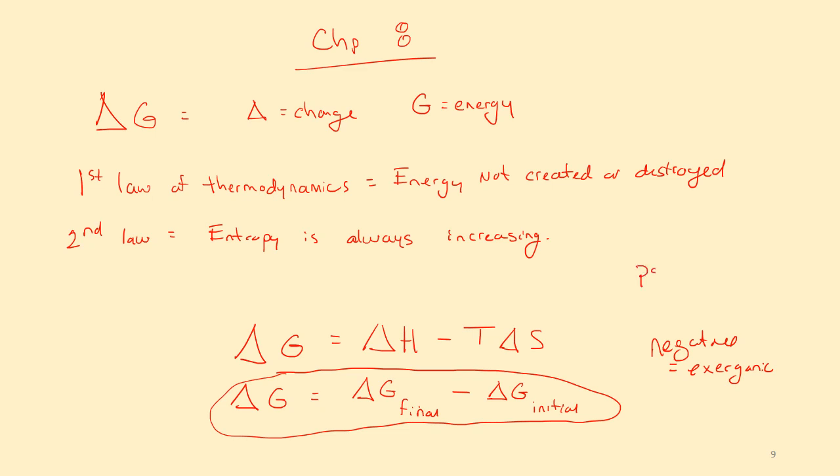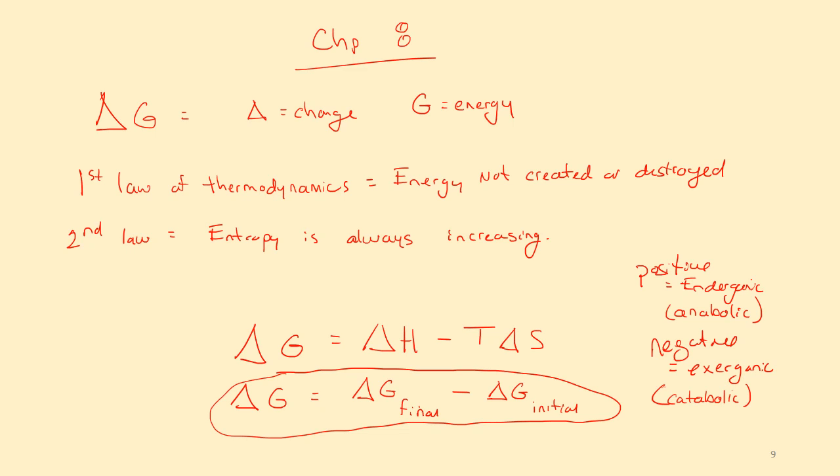If you're positive, we use the phrase endergonic, which now relates us to the ideas of catabolic and anabolic. If you're breaking something down and releasing energy, you're probably catabolic. And if you're building something up, you're anabolic.